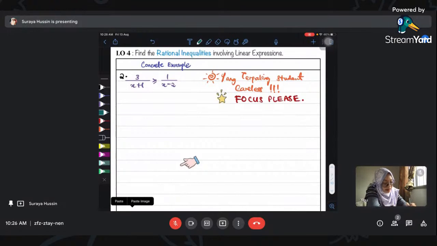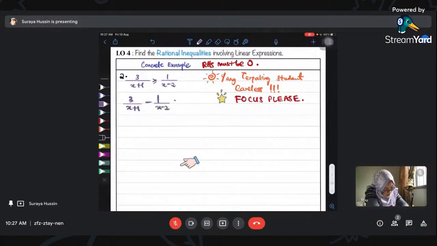Okay, you do know that right hand side must be 0. So minus both side dengan yang ini. When you minus both side dengan yang itu, you dapatlah 0 di belah kanan.